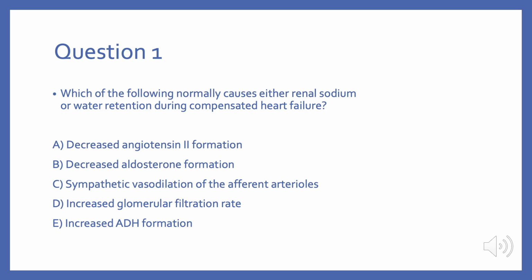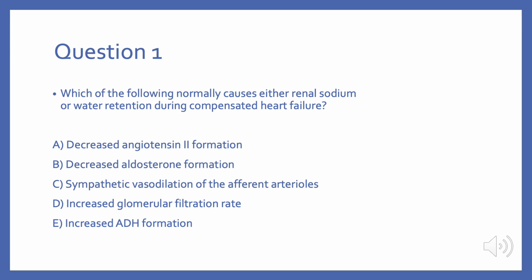In this question, you basically have to remember all the mechanisms that you learn about what is going on during heart failure. You have to remember that during heart failure, the heart is not working properly, i.e. there is a decrease in mean arterial pressure, and the body is trying to compensate by trying to increase the mean arterial blood pressure. So everything that is going on is with the final goal of increasing mean arterial pressure.